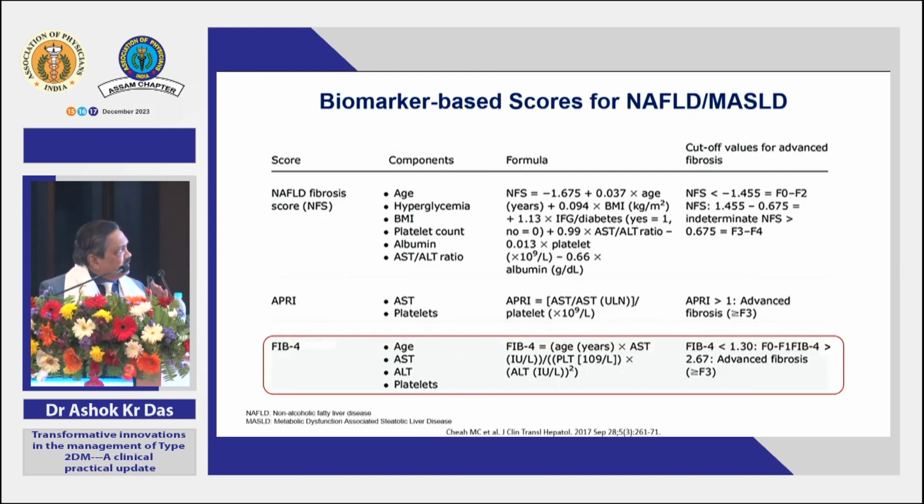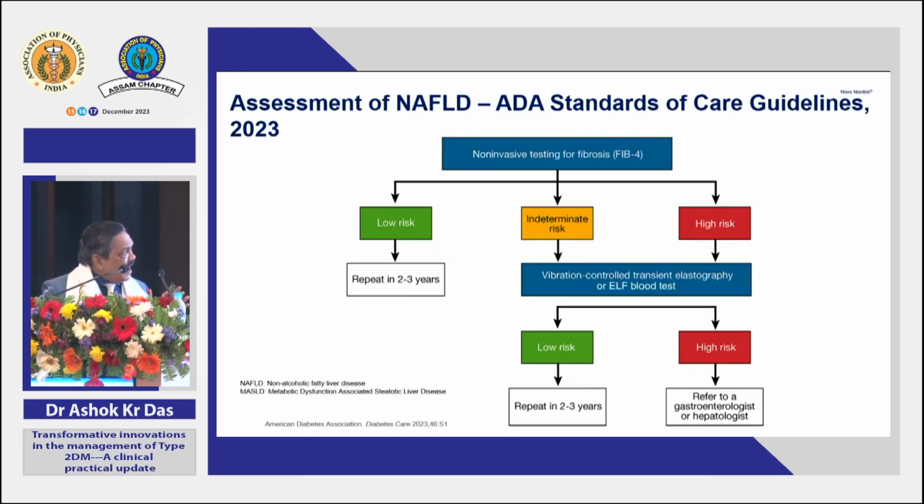And the biomarker scores of the NAFLD or MASLD and the FIB-4 score, which has been shown repeatedly, and also shown in this year's June guideline of the ADA, say that the number one drugs to treat NAFLD today are GLP-1RA and SGLT inhibitors.